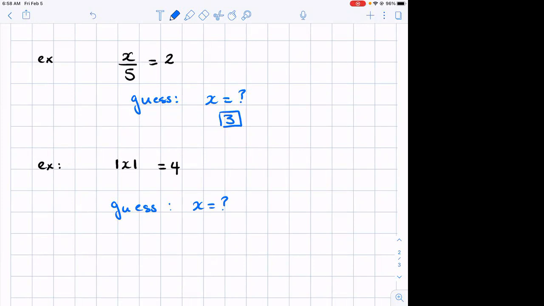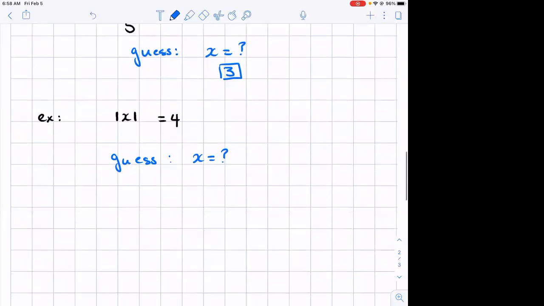Here when you guess, you have to be careful, because we know that the x value could be a positive number or a negative number. So your guess would be x is equal to 4 or x is equal to -4.